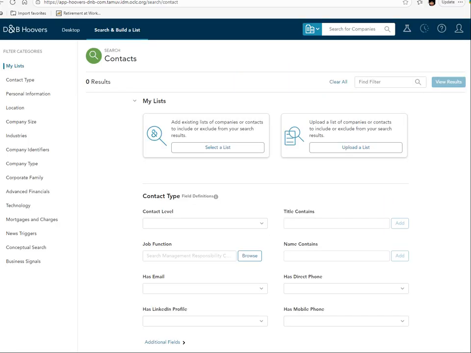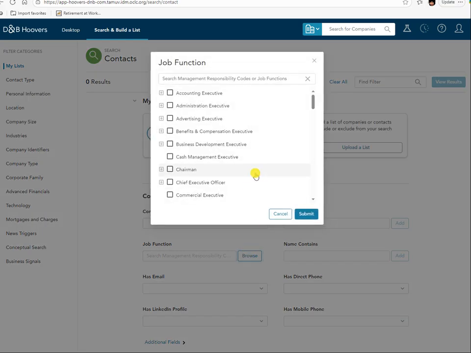For example, I want to get connected with all the CFOs located here in Houston. So what I can do is add a few criteria. For example, job functions: accounting executives. I want to get connected with chief accountants or vice president accounting.